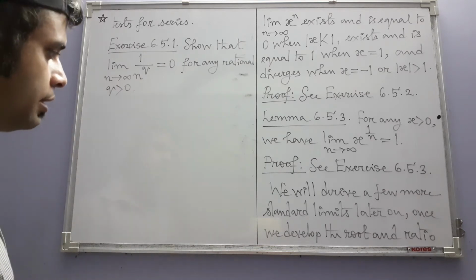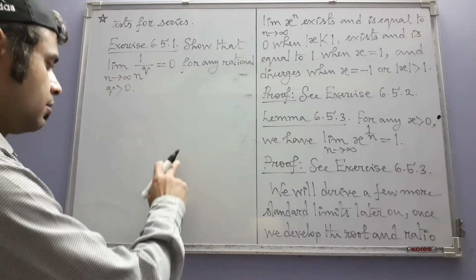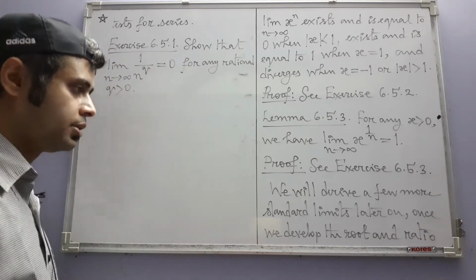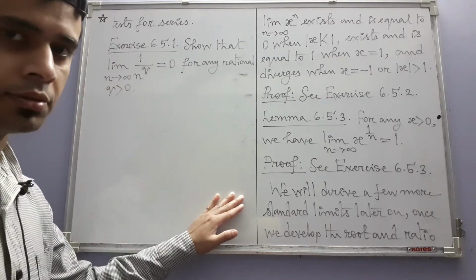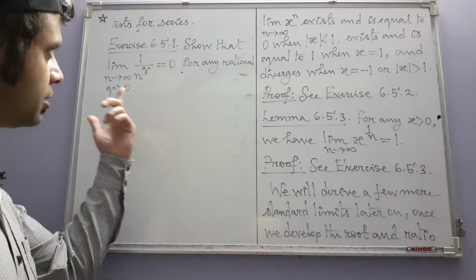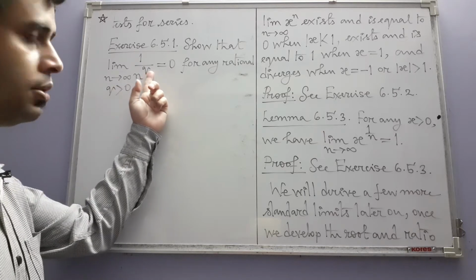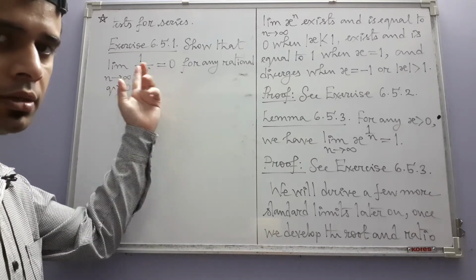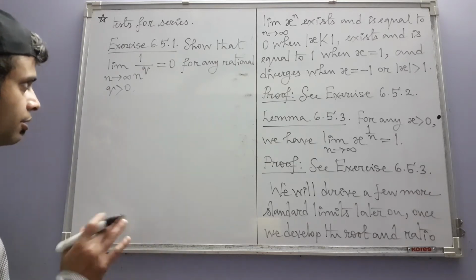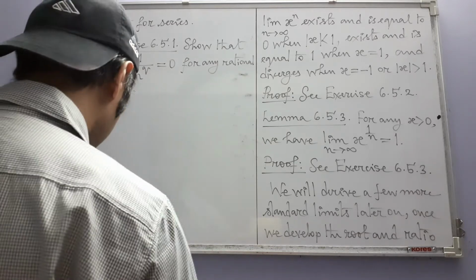So you can see that first we had the limit of 1 over n, which is 0, and then we saw that the limit of the reciprocals of kth roots also is 0, and now we are further extending that to rational powers where the rational number is positive. That limit also exists and it is equal to 0.